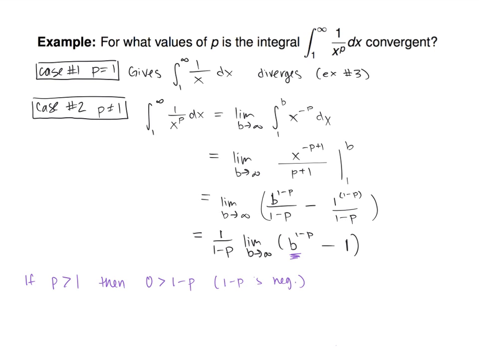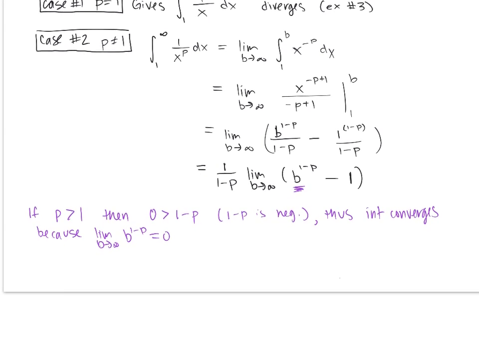So in this case the integral converges, because the limit as b goes to infinity of b to the 1 minus p is equal to 0, since that exponent is negative.